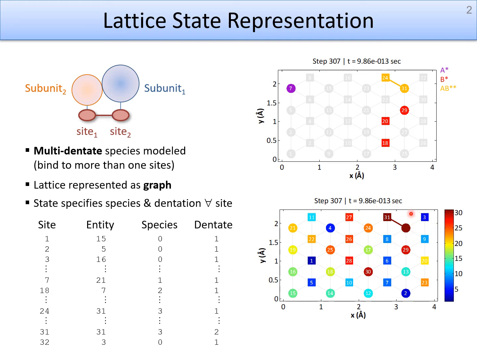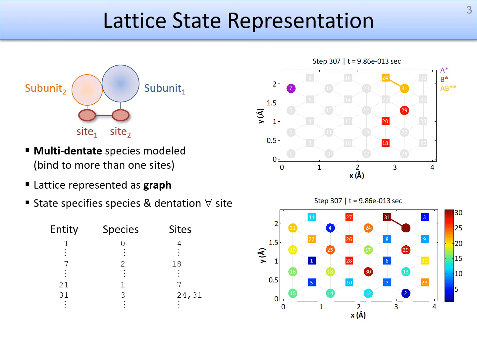However, for the bidentate species here, which is sitting on sites 24 and 31, we see that site 24 is occupied by the first dentate, site 31 is occupied by the second dentate. This state is different than the state where site 24 would be occupied by the second dentate, site 31 by the first. So this last column, the dentate column, is the one that captures the orientation of bidentate or multidentate species.